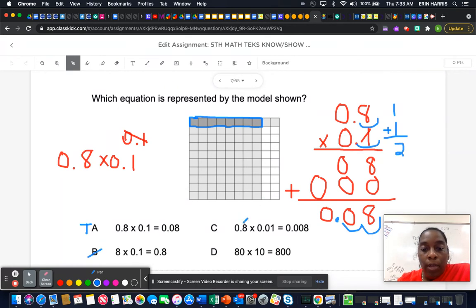We have 0.8, which is true, but we also have 0.01, which is 100th, which gives us 0.008, which is in the thousandths place, so that's not true. And then D, we have 80 times 10 equals 800. Well, we definitely do not have 800 squares there. So the answer to this is definitely going to be A.